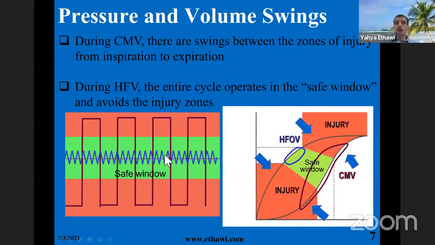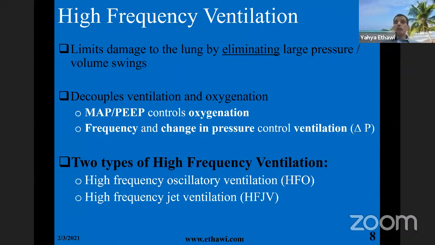So the fluctuation or swinging of the pressure avoids the red hyper and hypoinflation, where we cause injury on either side. The high frequency aim is to limit the damage by eliminating the pressure and volume swinging.